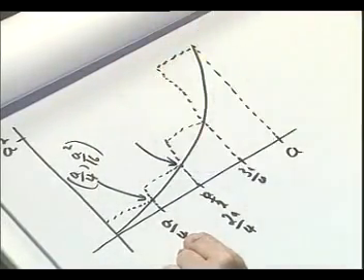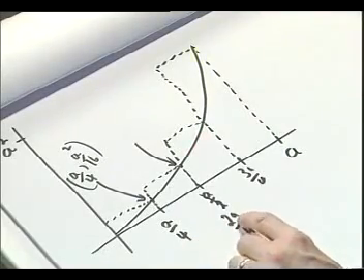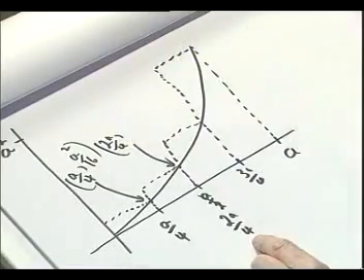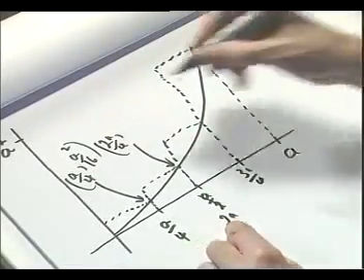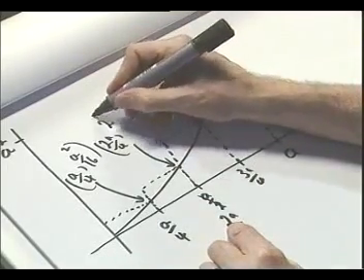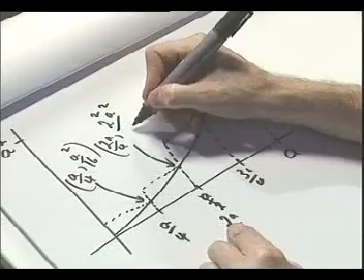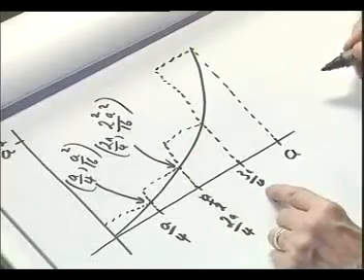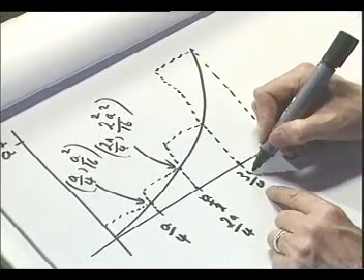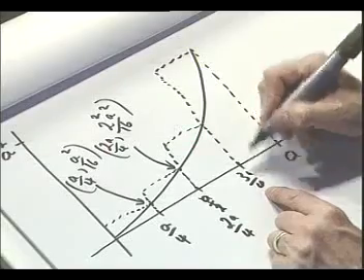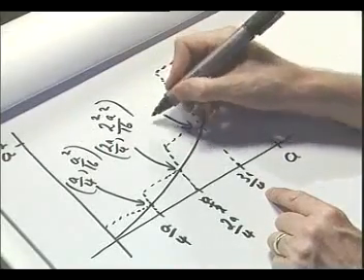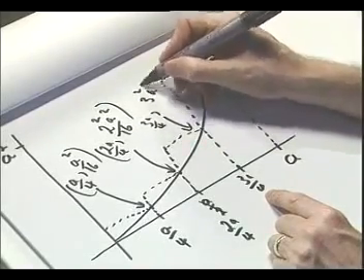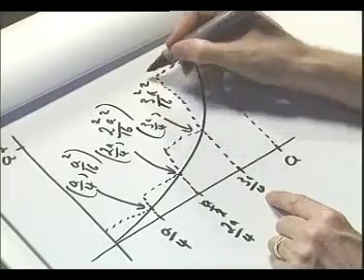This one has an x-coordinate of 2a over 4. So it will have a y-coordinate of 2 squared a squared over 16. This one has an x-coordinate of 3a over 4, and so it will have a y-coordinate of 3 squared a squared over 16.